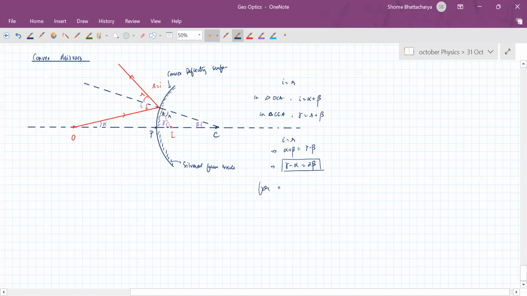So now again for paraxial rays, alpha being a small angle, the arc length PA over the distance gives beta, same as in the previous derivation.